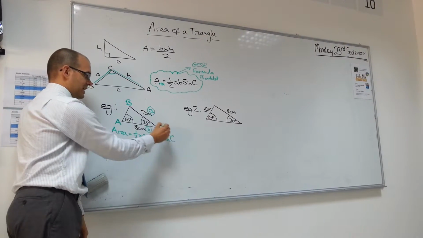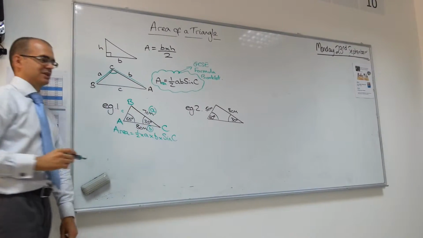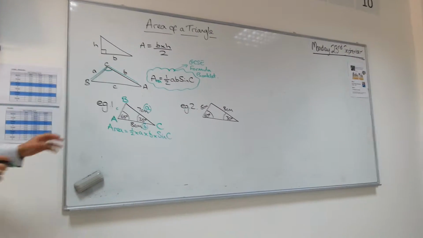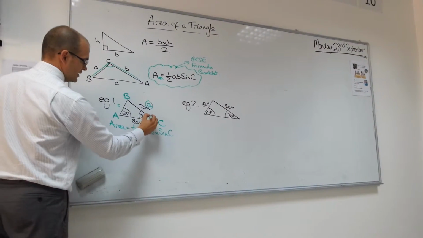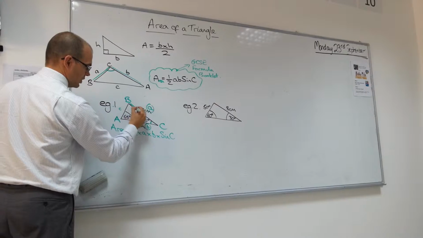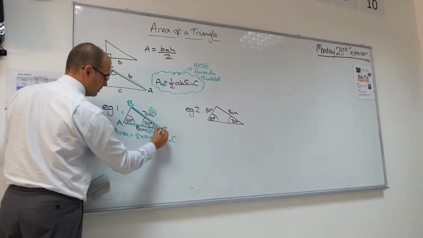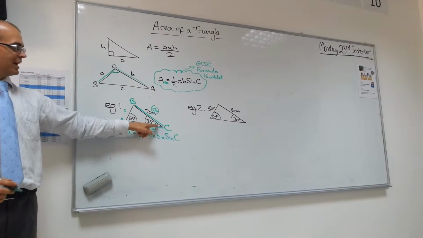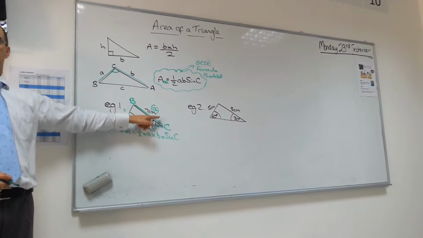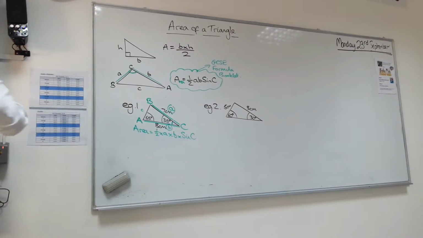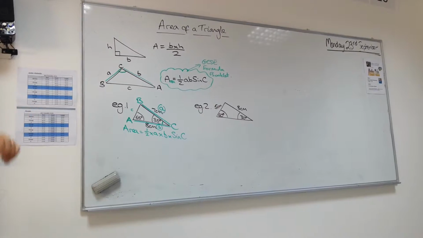It's got to be this one here, meaning that that is side c. So we've now labelled it all. This is angle C. We've got side a and we've got side b. The angle is directly between the two sides that we are using. And that's how you decide which sides and which angles you're going to use in the question.